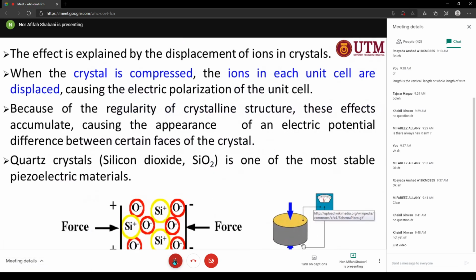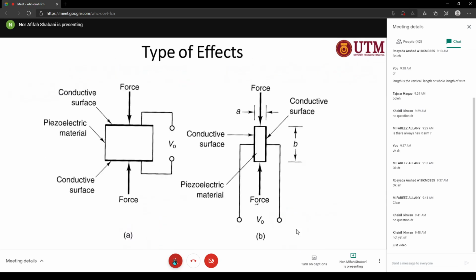This is about the theory. When you give some pressure, it will give you voltage, and then if you don't give the pressure, it will release back. It will give you some different voltage. This is the type of effect. So you can force it from this way and that way.